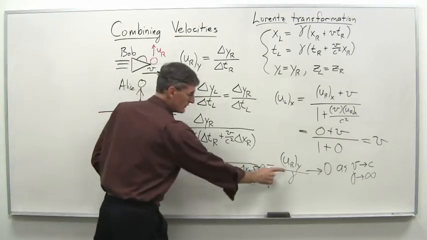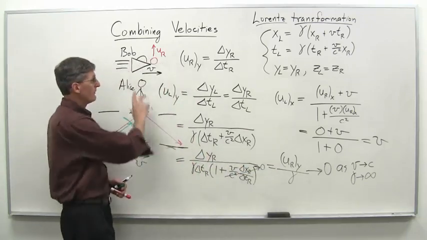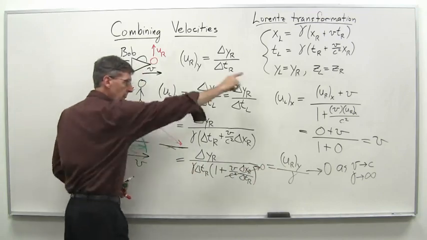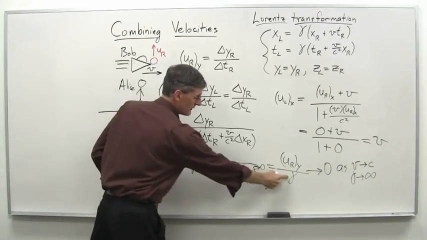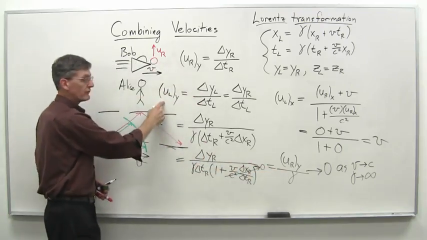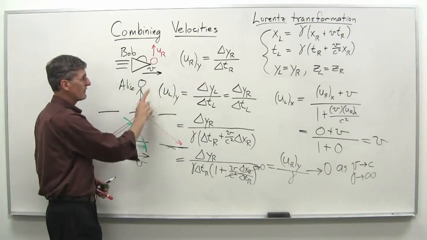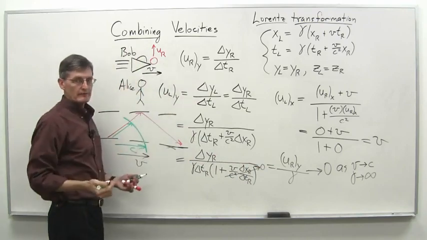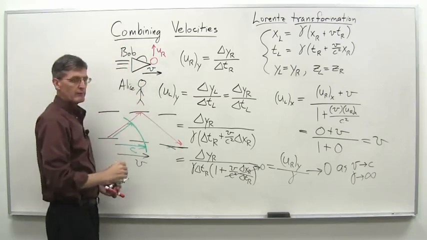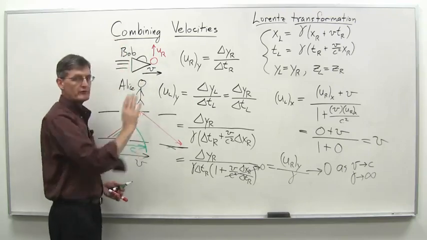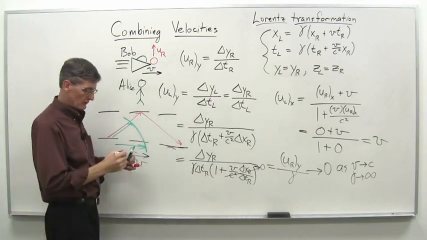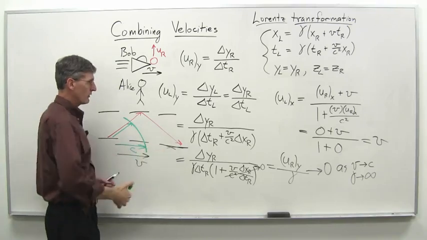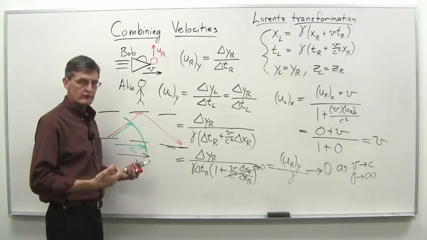If Bob could have a spaceship at the velocity of light, then gamma would be infinite, and Alice's observed velocity for the escape pod going up, no matter what the velocity of the escape pod was, would be 0 in the upward direction, and she'd just see the c factor going across there.